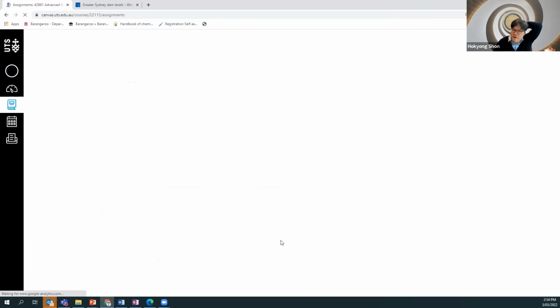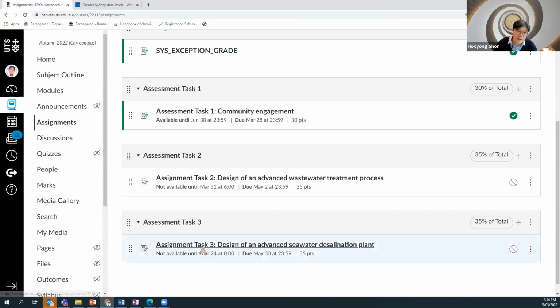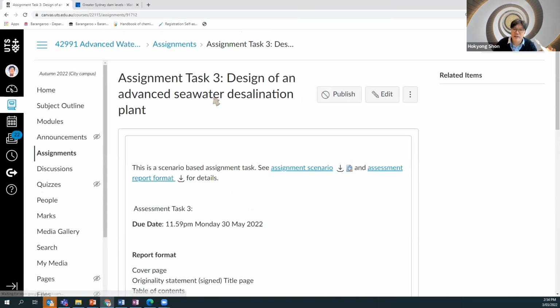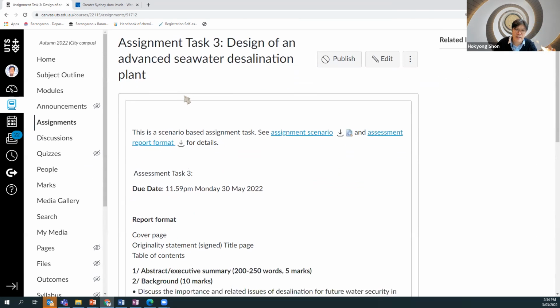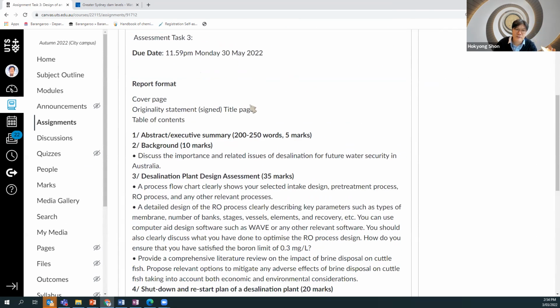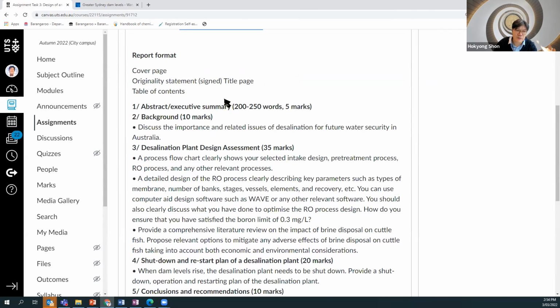So we have the last assessment, design of an advanced seawater desalination plant. This is due 30 May 2022. You can answer all the questions, the abstract and the background. So why we need a desalination plant in Sydney, in Australia.